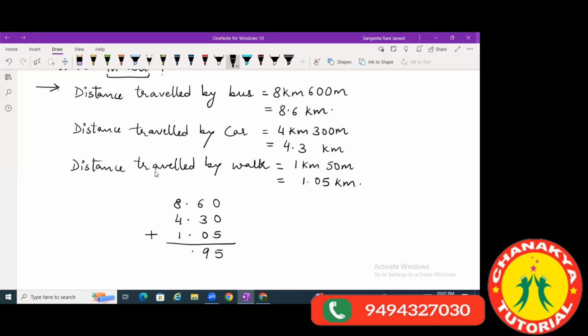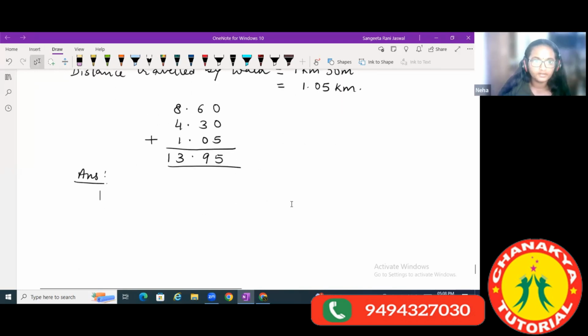We can cancel the zero also, ma'am. Which zero? The last. Which zero? There is no zero here. No? Okay. Yes, ma'am. So, what will be your answer, Neha? How will you write the answer statement? Ma'am, distance traveled by Kuldeep is equal to total distance.